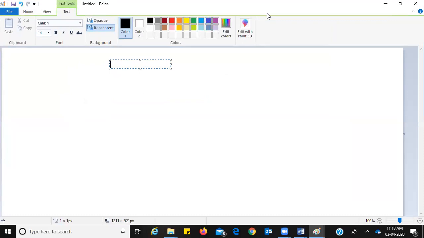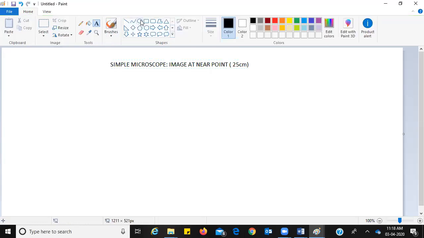I'm starting with the simple microscope. I can have two options: the image can be at the near point or the far point. Now I'm doing it for the near point, which means the image is at 25 centimeters.